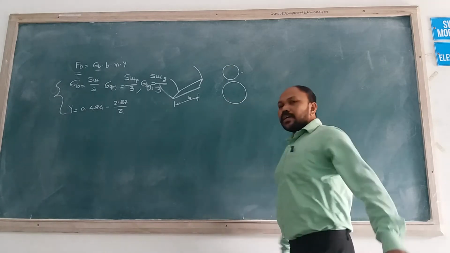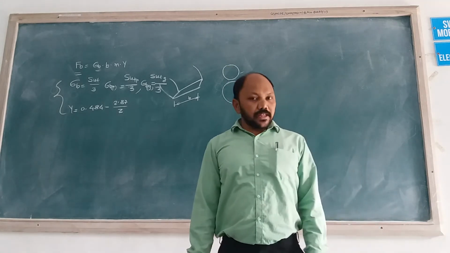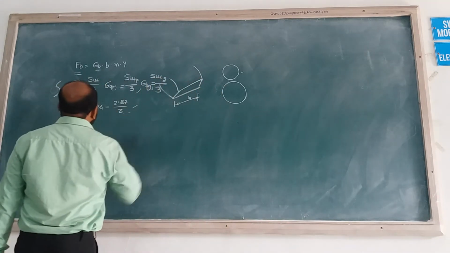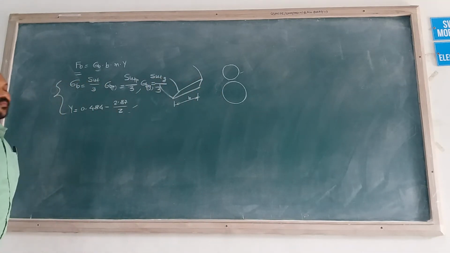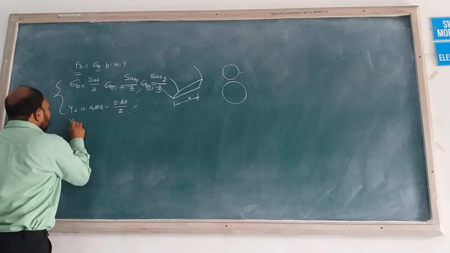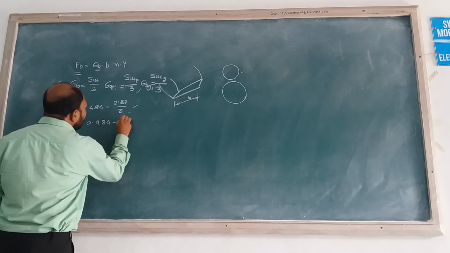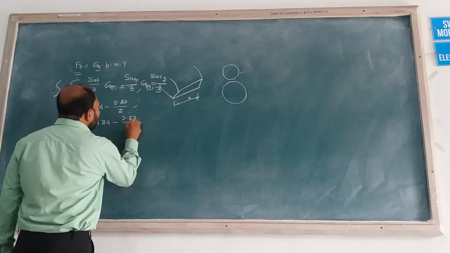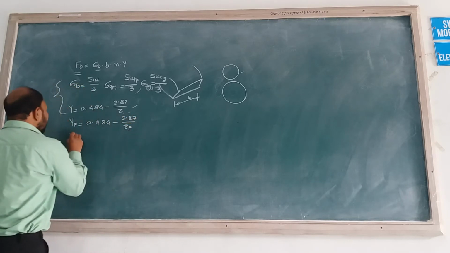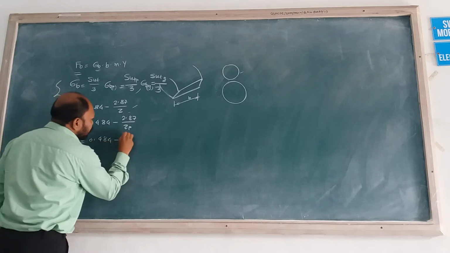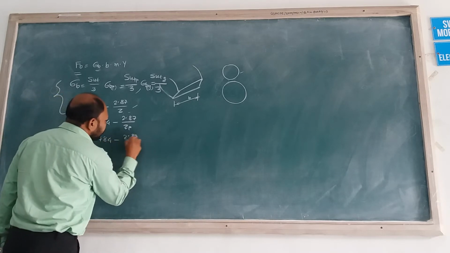The number of teeth on the gear is maximum. So due to this reason, the number of teeth is the deciding factor. In this case, Yp is equal to 0.484 minus 2.87 upon Zp, and Yg is equal to 0.484 minus 2.87 upon Zg.